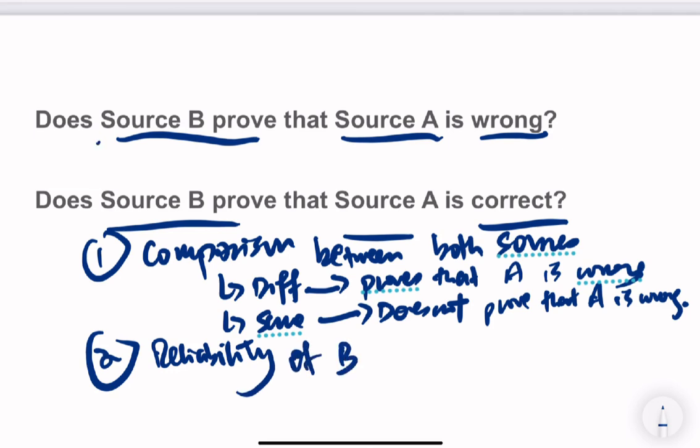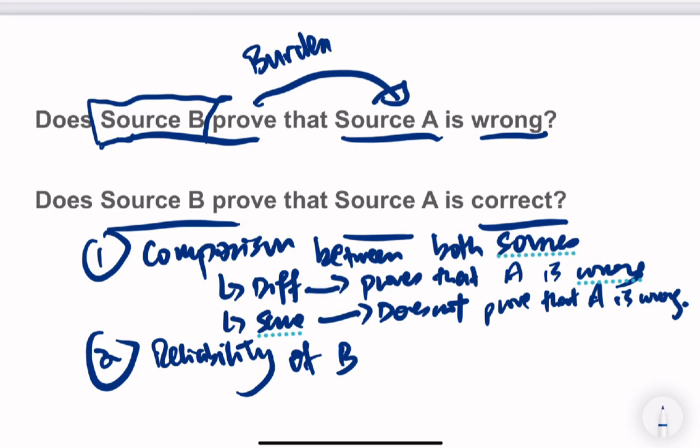Now, why do we look at the reliability of B? Because if you can see, they ask the question, does B prove that A is wrong? So the burden of proof, meaning that you have to use this source to prove, is on source B. Now, why is it B?